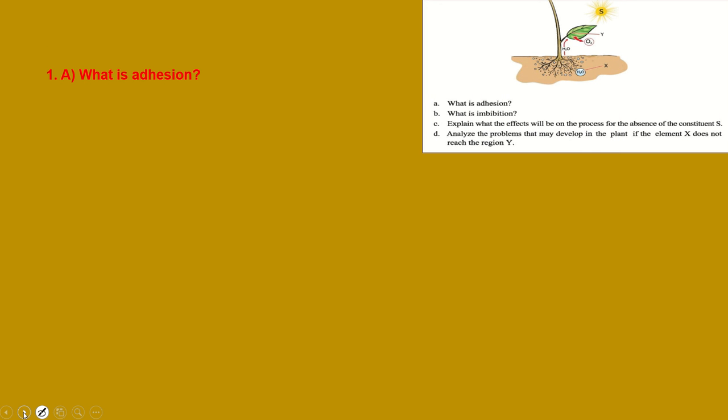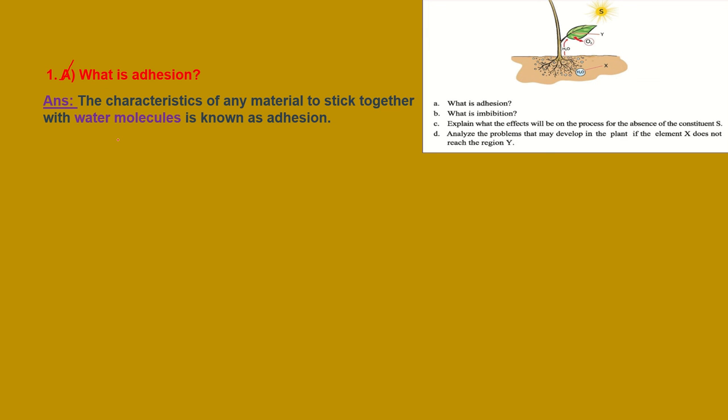Here is one creative question. Number A, what is adhesion? The answer is the characteristic of any material to stick together with water molecules is known as adhesion. Next question, what is imbibition?